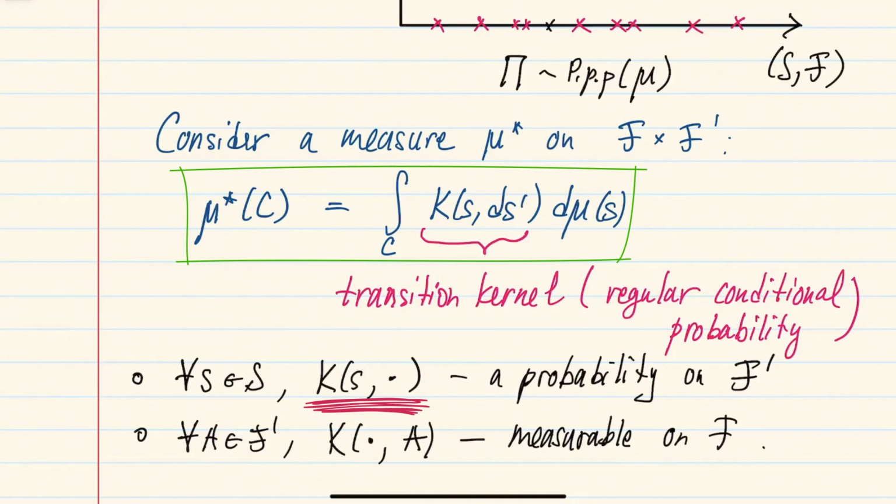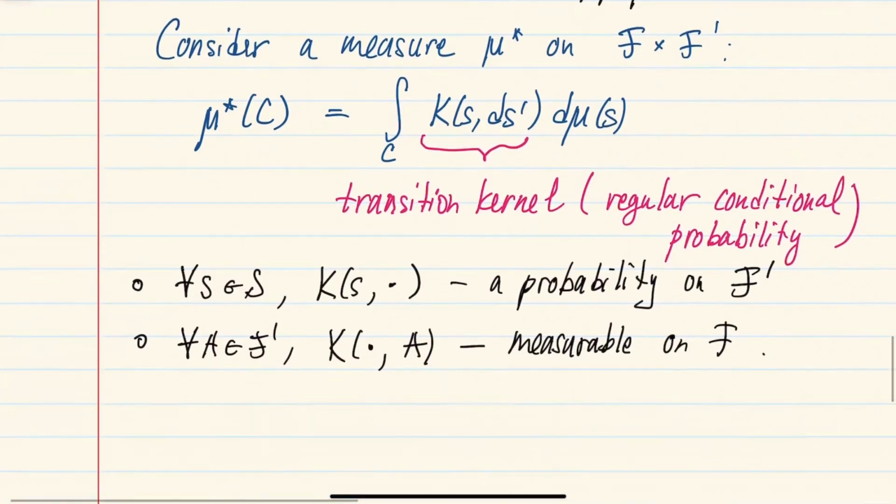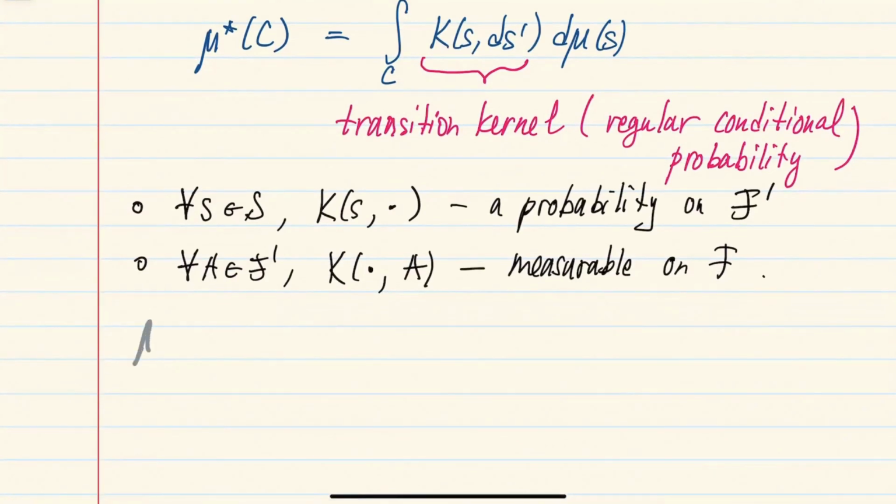this transition kernel, we will define the so-called marked Poisson process.